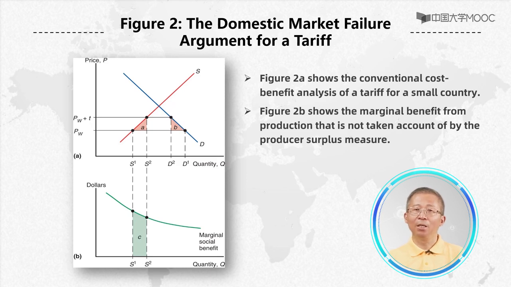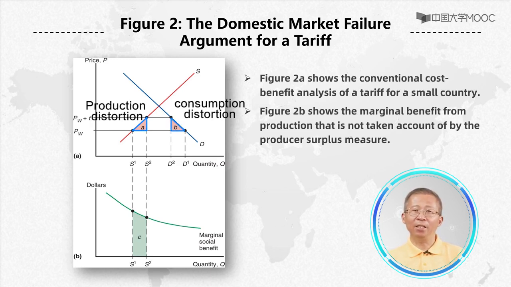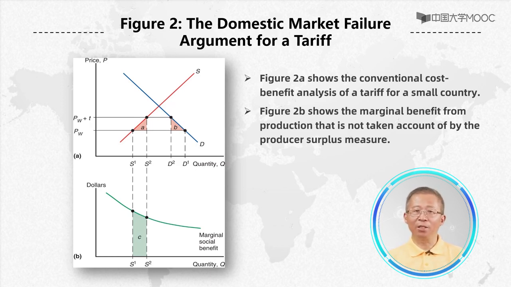Figure 2a shows the tariff will result in production distortion indicated by A and the consumption distortion indicated by B. If we consider only consumer and producer surplus, we will find that the cost of the tariff exceeds its benefits.